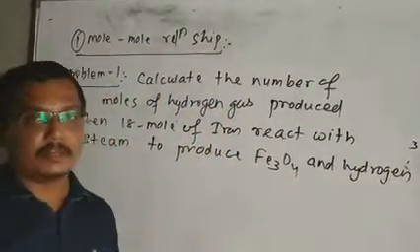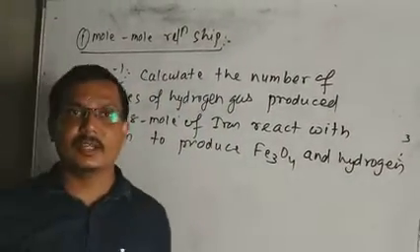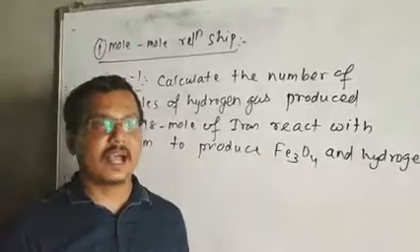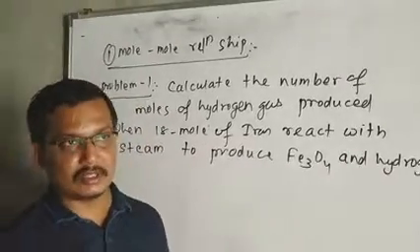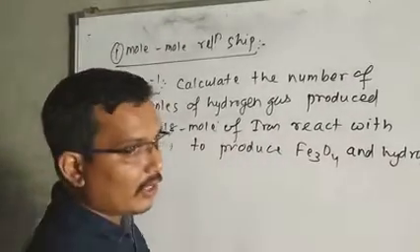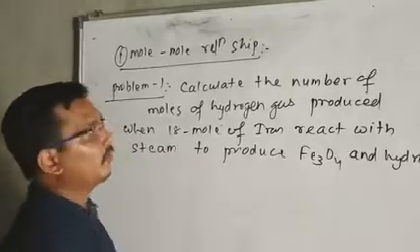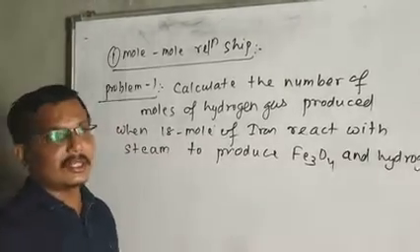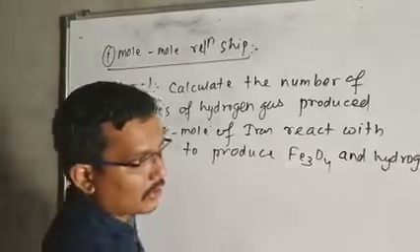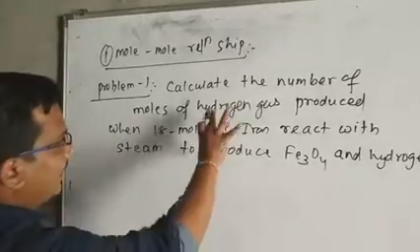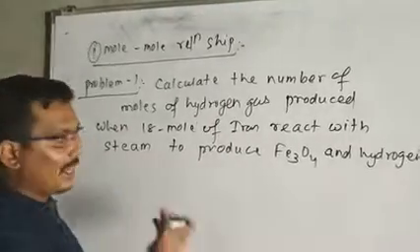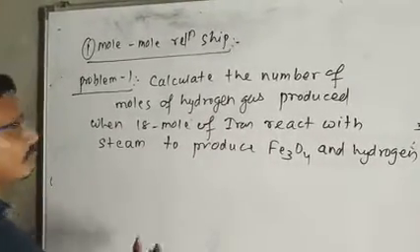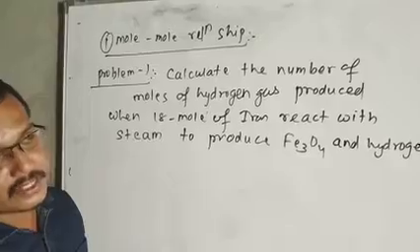For this type of problem, generally we deal with the chemical equation. If you are able to write the chemical equation, then it is very easy to solve such a problem. From the sentence, it is very important to derive the equation: which is the reactant and which is the product.